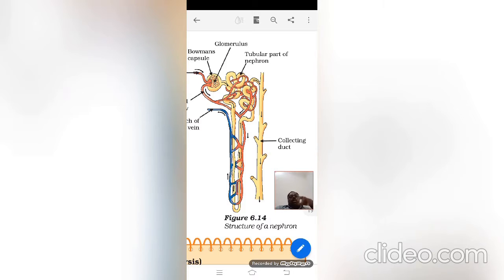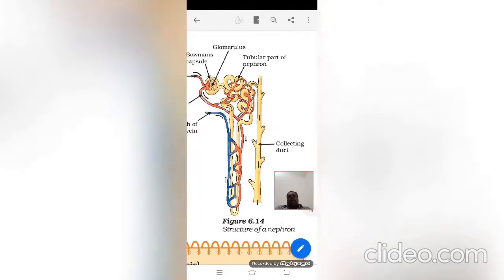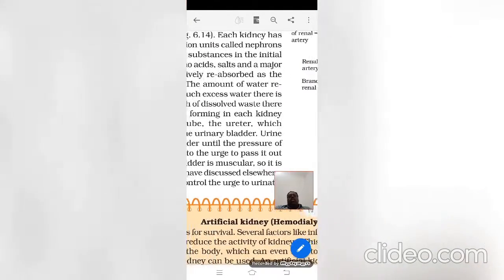If ADH or vasopressin is not secreted before the filtrate enters the collecting duct, it will lead to a disease known as diabetes insipidus. So you must understand that ADH is related to the nephron, which is responsible for absorbing water from this nephron. These are the main things you have to understand about this.